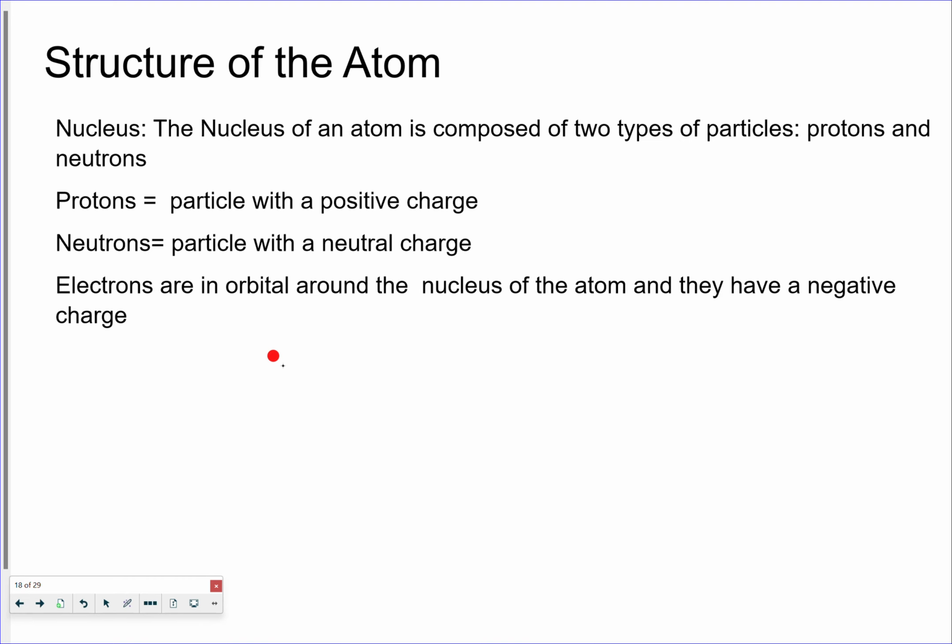Electrons are in orbitals around the nucleus of the atom, and they have a negative charge. A good way to remember that is the pro in proton, the nu in neutron for neutral, and the electrons will be left with the negative charge.